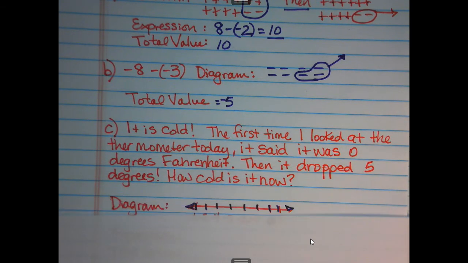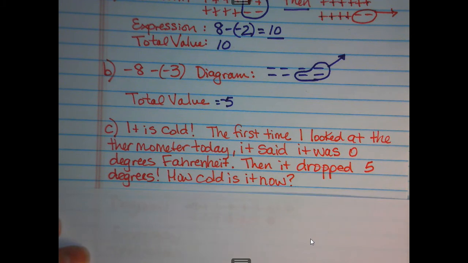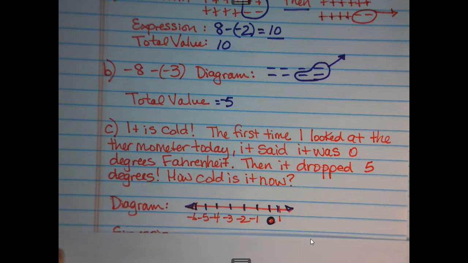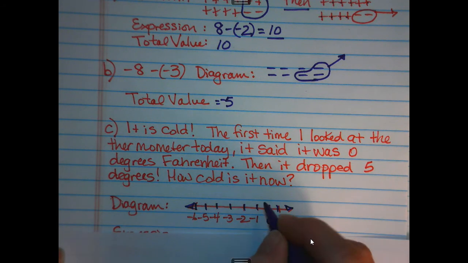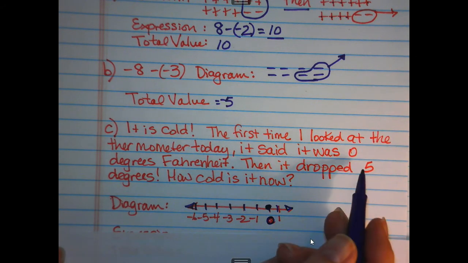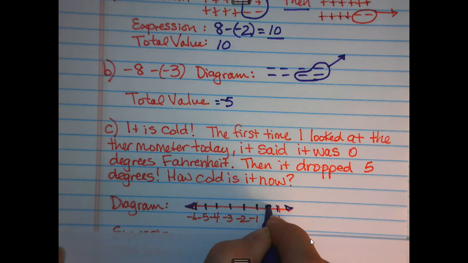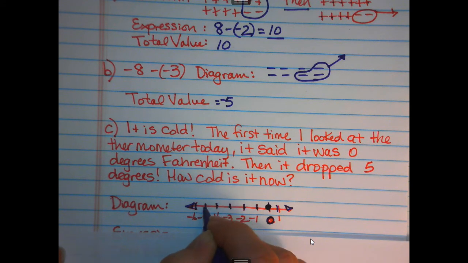And then our last one for today, it is cold. The first time I looked at the thermometer today, it said it was 0 degrees Fahrenheit. Then it dropped 5 degrees. How cold is it now? I went ahead and did a number line for this one. And I'm going to start at 0. And then it says it dropped 5 degrees. So I'm going to go this way, 1, 2, 3, 4, 5.